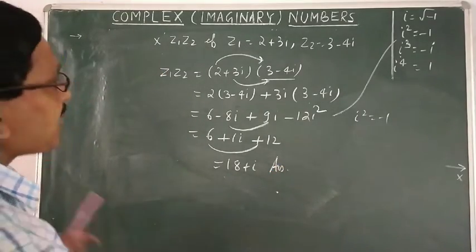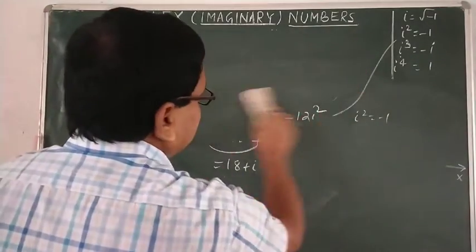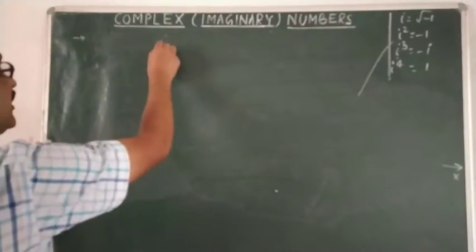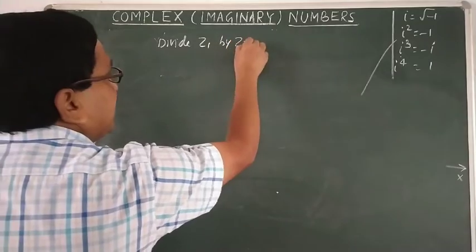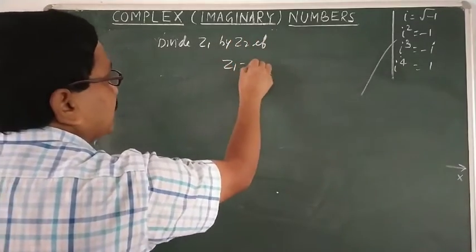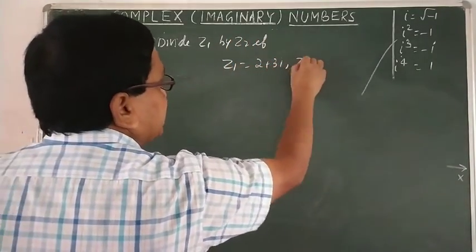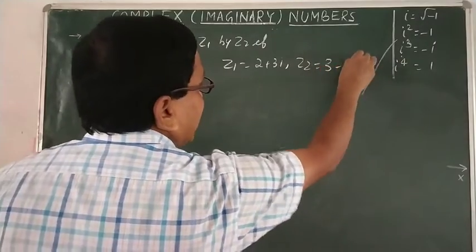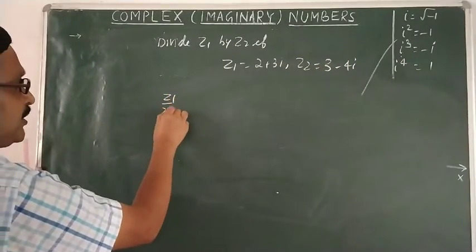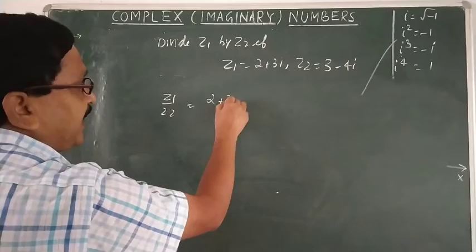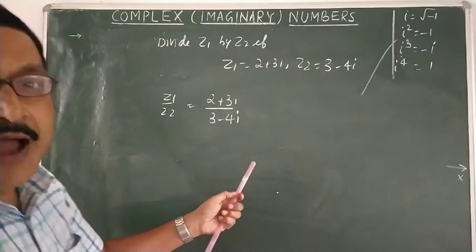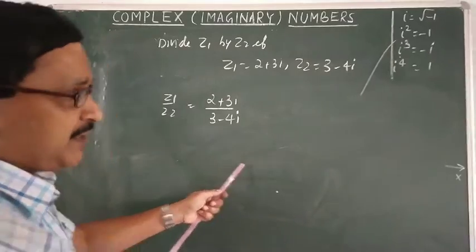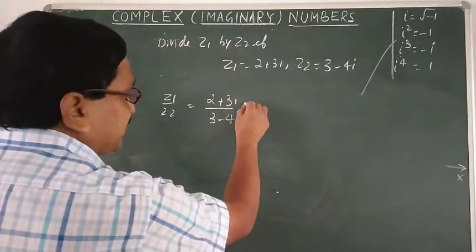And now the last part is the division. Divide z1 by z2 if z1 is equal to 2 plus 3i and z2 is equal to 3 minus 4i. Now z1 by z2 is equal to (2 plus 3i) by (3 minus 4i). Students, i should not be kept in the denominator, so rationalize this.